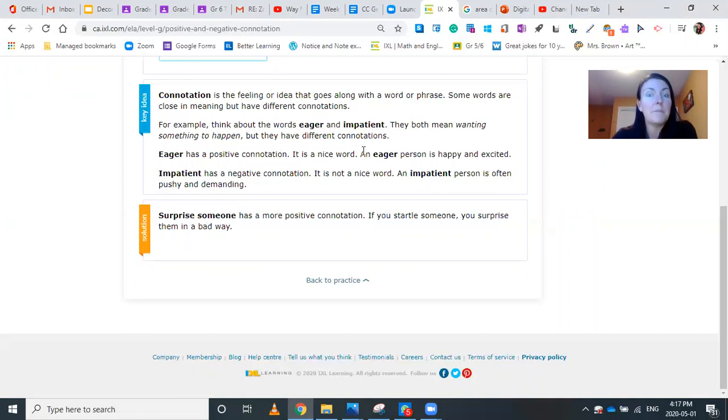But then you get impatient. Now suddenly you might think of a person sitting there very upset, like, come on, how long still to dinner, right? And starting to become rude. Impatient has a negative connotation. It's not a nice word. An impatient person is obviously sometimes pushy and demanding, all right?